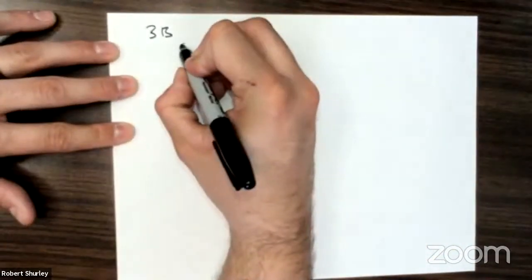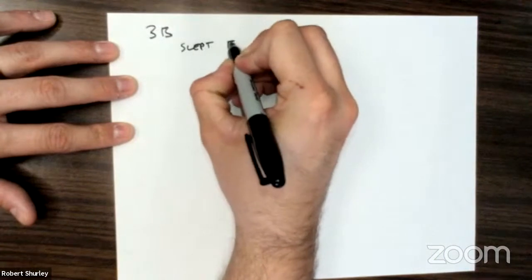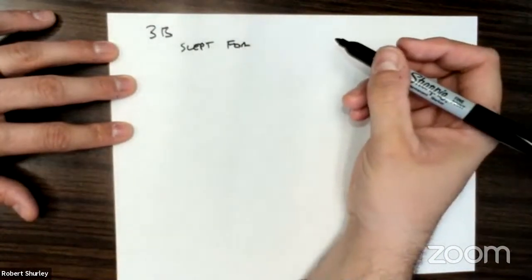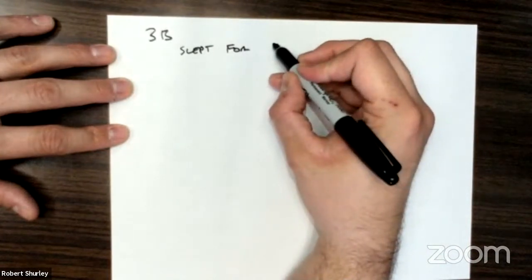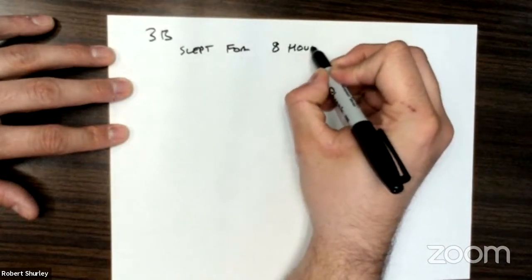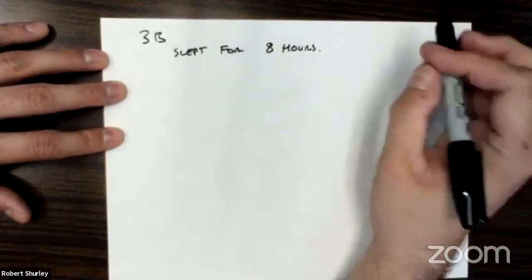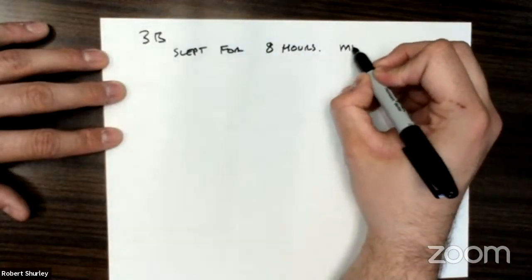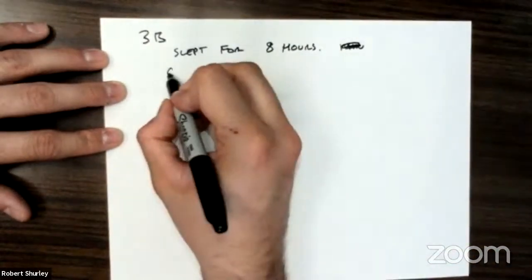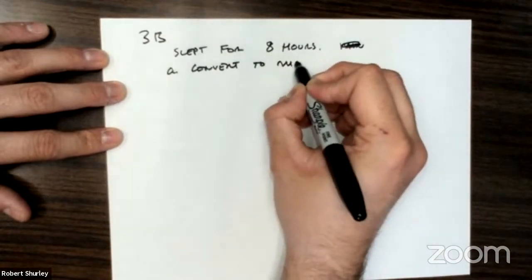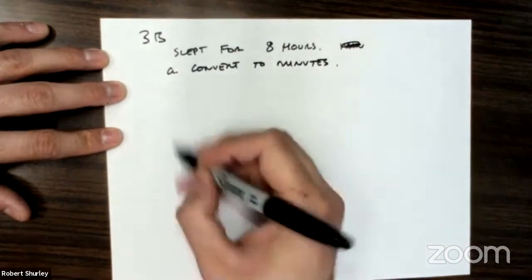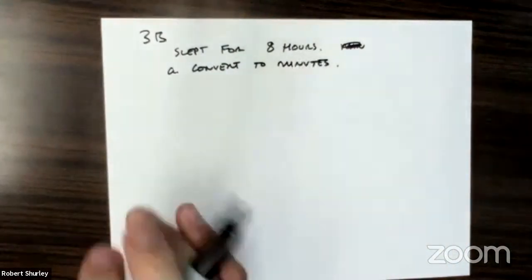Let's say I slept one night for, let's say, 8 hours, and I want to convert that to minutes first. We'll do B and C here in a second. We're going to convert hours to minutes.